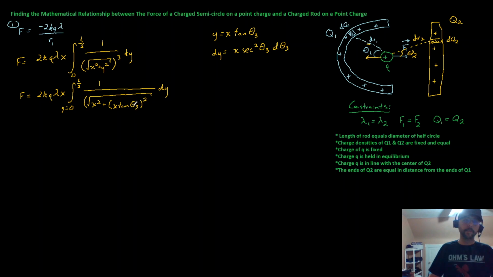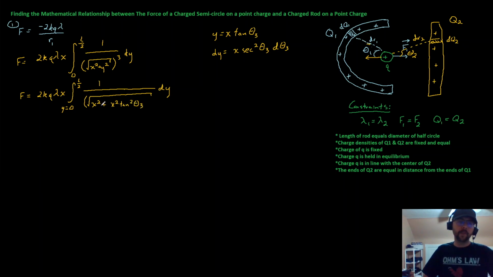And to avoid constantly rewriting this whole thing out and taking forever, I'll just kind of erase stuff and go one step at a time. So the first thing we do is we square this, and we're going to get x squared tangent squared theta sub 3.